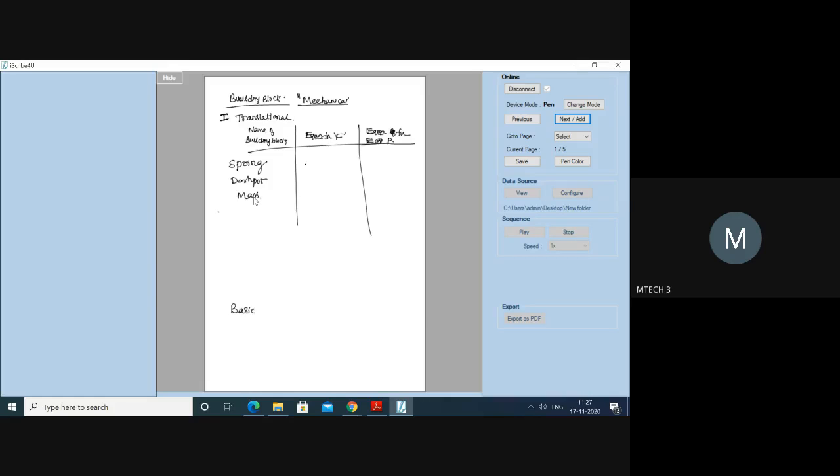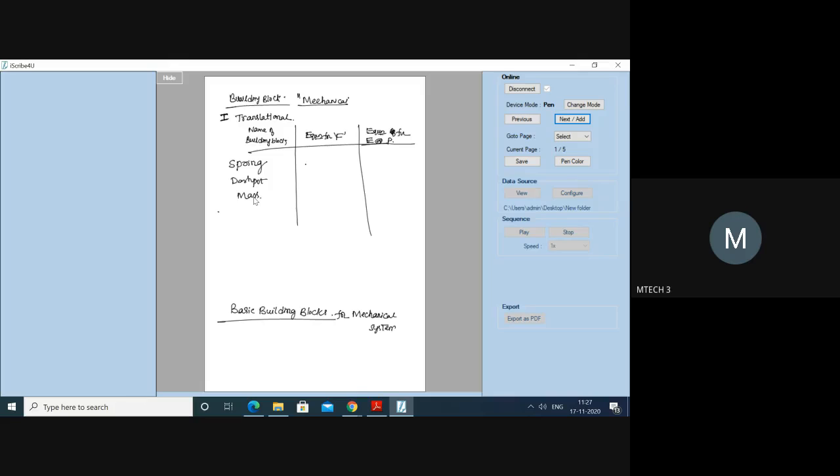Basic building blocks. You have given the heading, no? Basic building blocks for which system? For mechanical system. Are you understanding?